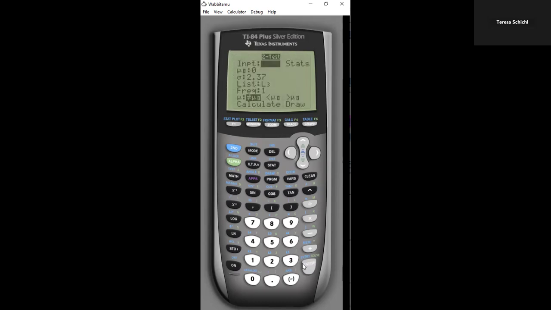You can choose whether you have data or stats, that means whether you have summary statistics or they just give you the raw data. So let's take a look. The stat option means they give you the summary statistics here.